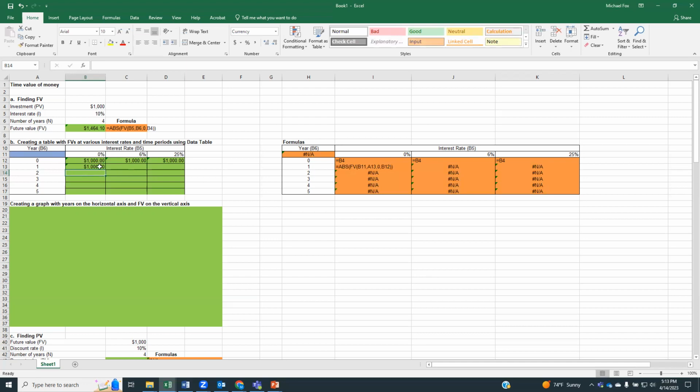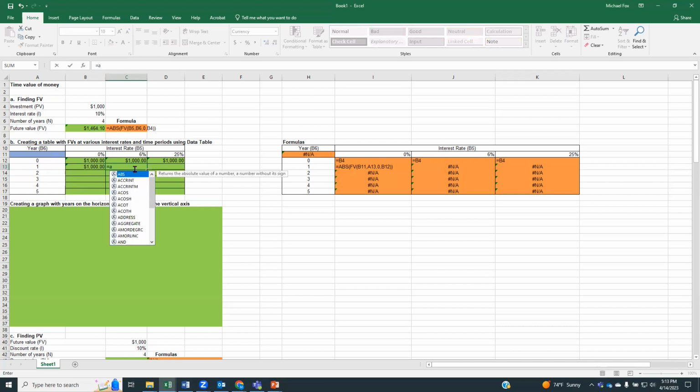I'll do that in a minute, but I'm going to show you, if it was at 6% though, we would say this equals the absolute value of future value. Rate is now 6%. Number of periods, the row we're in. Payment is 0 because we're not making any additional payments.